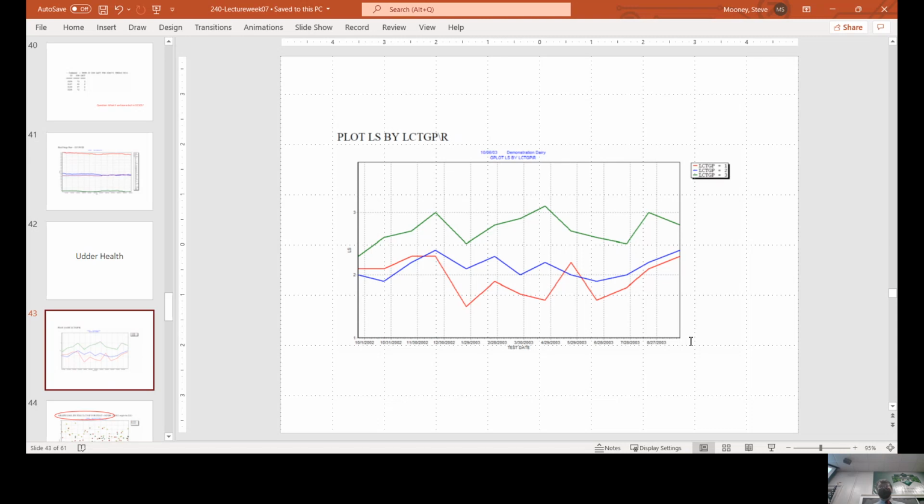Udder health. So plot linear score by lactation group over the last year. That R gives us the last year. So how are we doing in udder health in this herd on average on test days? Any problems? What linear score is a problem?